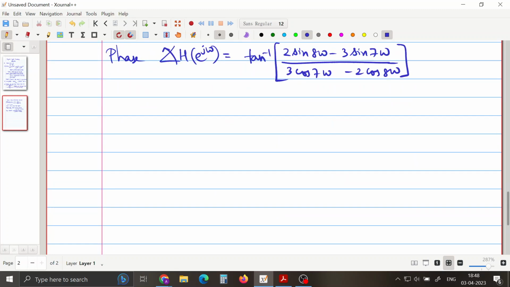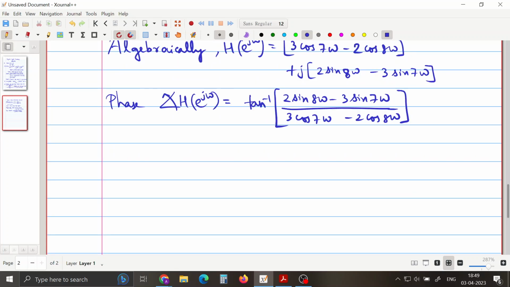And now you can clearly see that this phase is not a linear function of omega, right? It's not a linear phase. Clearly, you can't simplify this or convert it into some form which is a linear function of omega. You can't convert this to some alpha omega plus beta form.